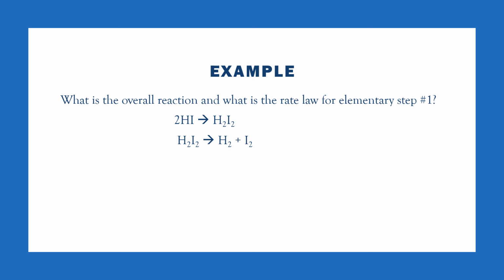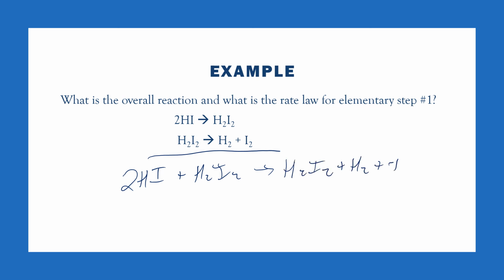Okay, so here's another example. What is the overall reaction and what is the rate law for elementary step 1? To find the overall reaction, we're going to put all of the reactants on one side and all of the products on the other side. Then anything that's the same on both sides will cancel out.